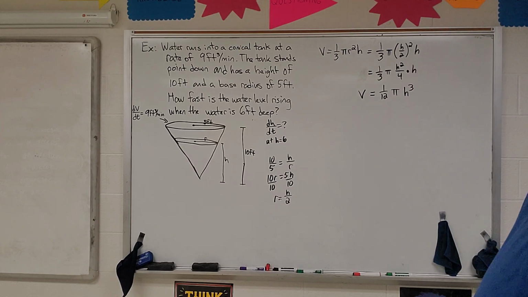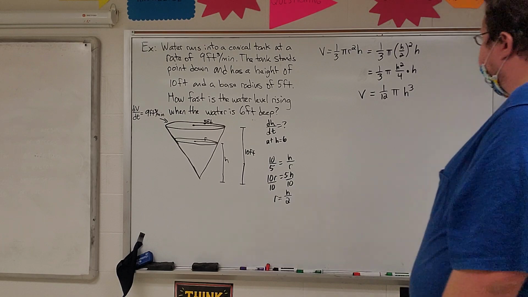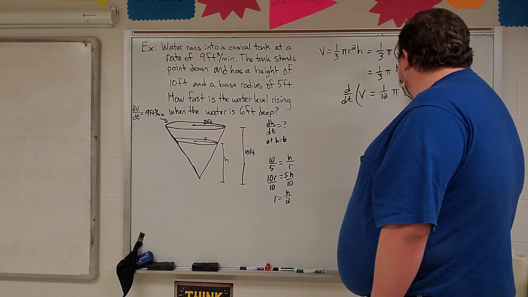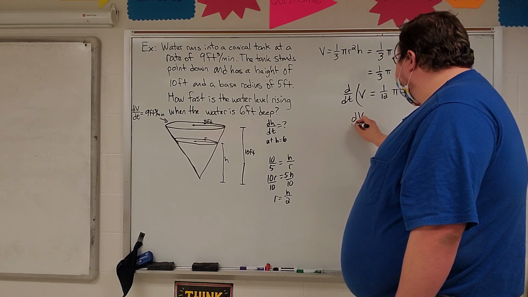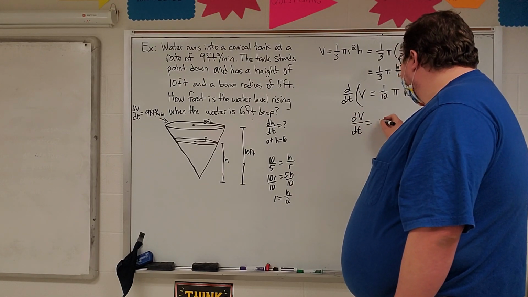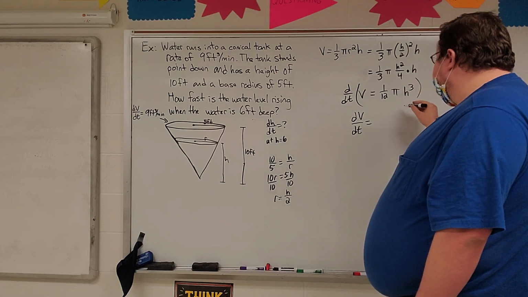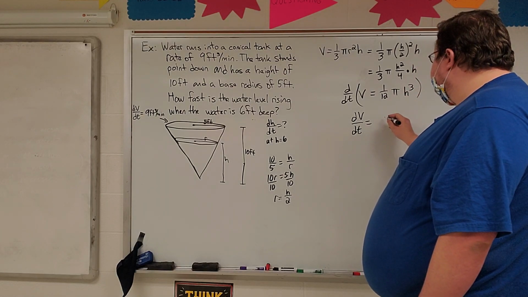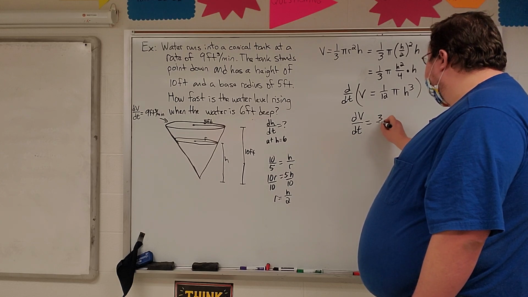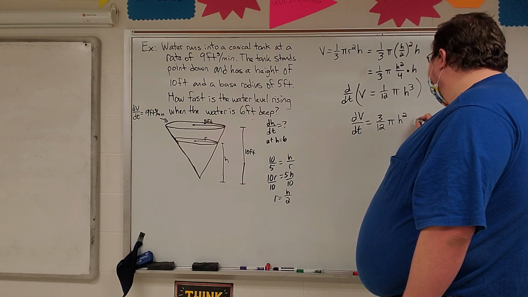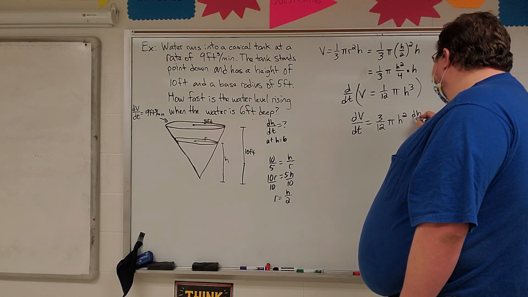Okay? So what we're going to do is differentiate this implicitly with respect to time on both sides of the equation. That's going to give me dV/dt equals, we'll power rule this h cubed. So that 3 is going to come down. I'm going to have 3 times 1/12 is 3/12 pi h squared times dh/dt.